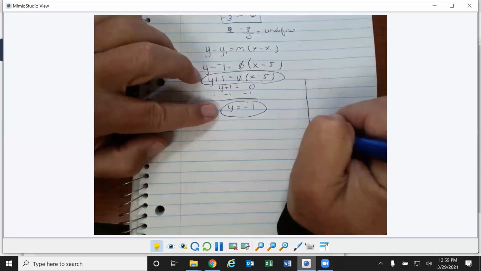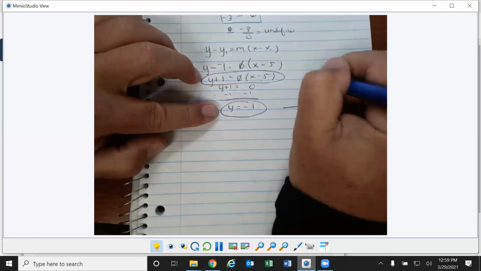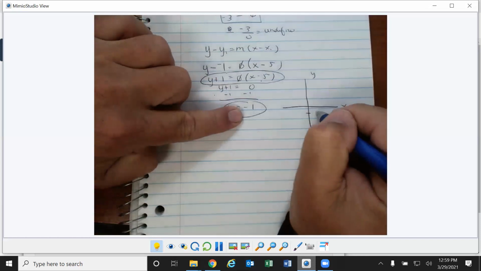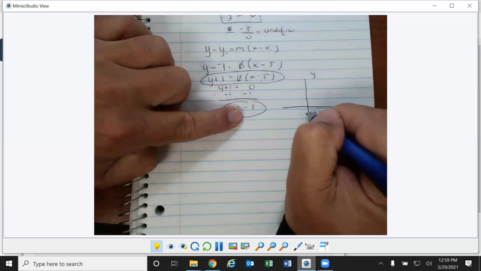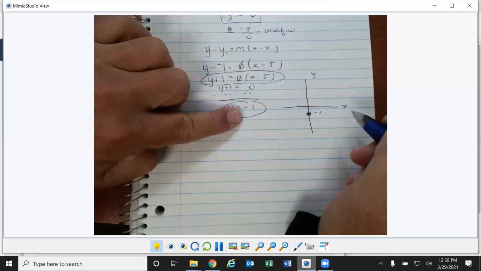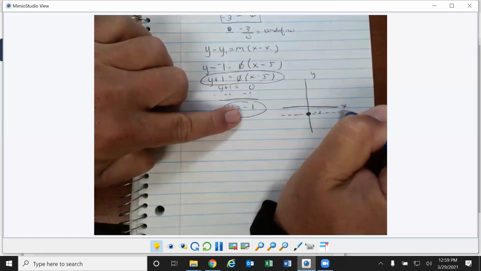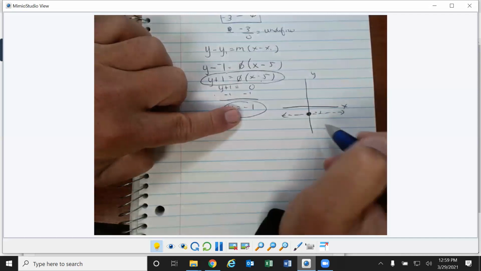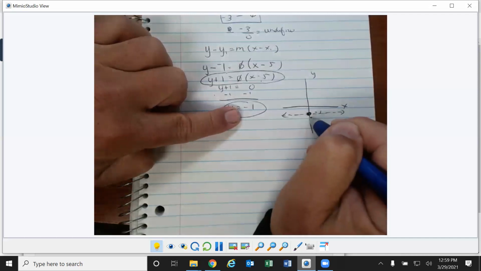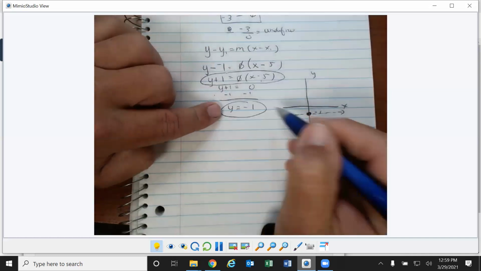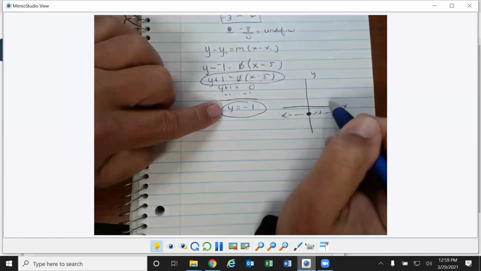If I drew the x and y coordinates, it says y is -1. Let's pretend -1 is here. That means the dot is right there, and we will draw a line like this, because then the line is touching only the y. You'll notice there's no x here. If there was an x, then the line we drew would be touching the x.